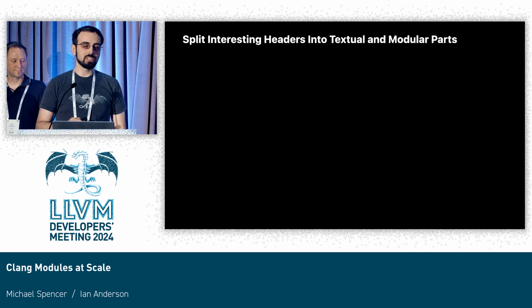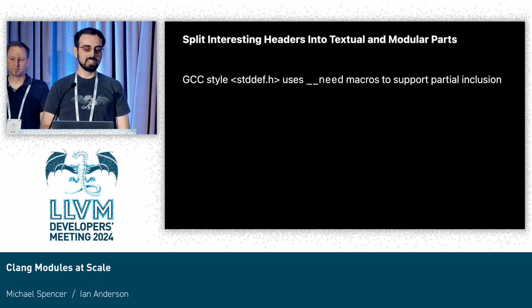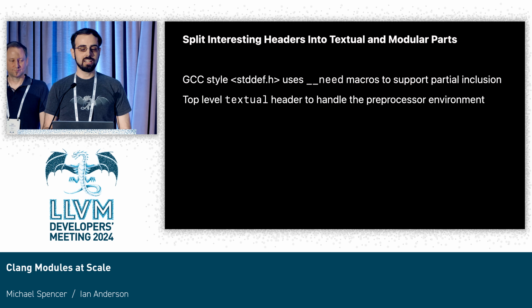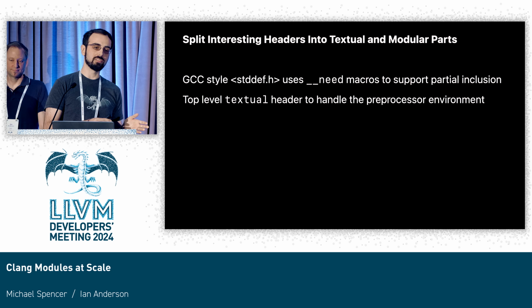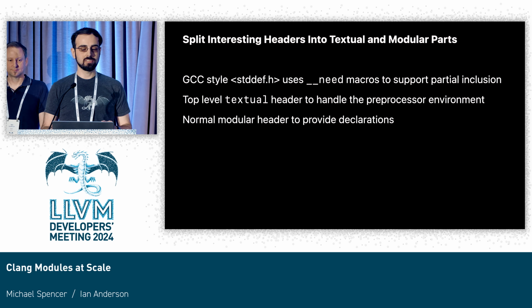Sometimes you have headers that actually do have a textual component and declarations that they need. A common one is this GCC style stddef.h, where you have these need macros where, say, I need ptrdiff_t, and then it will only define the things that you need. To do this, we create a top-level textual header that handles all the preprocessor parts of this, and then we create separate normal modular headers that actually provide the declarations.